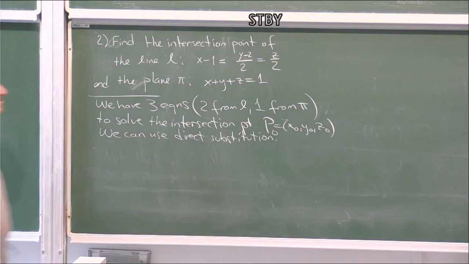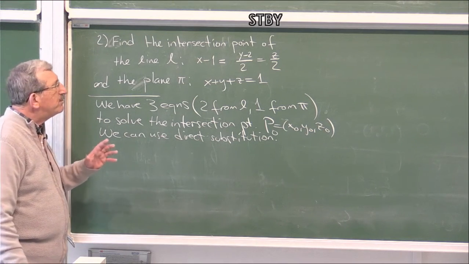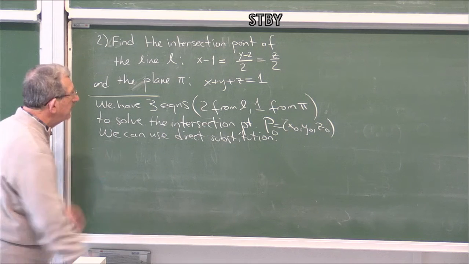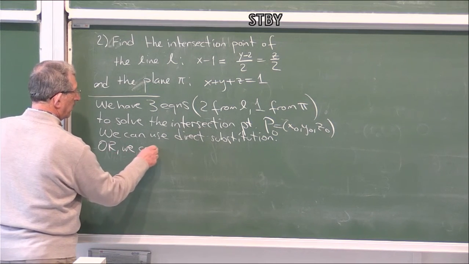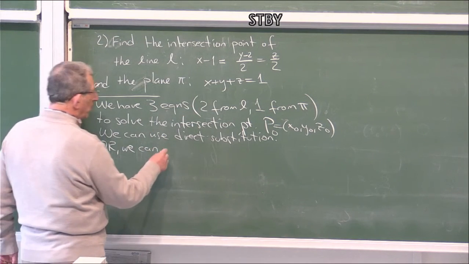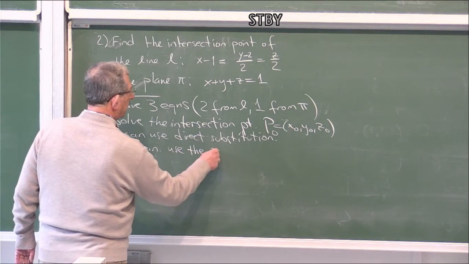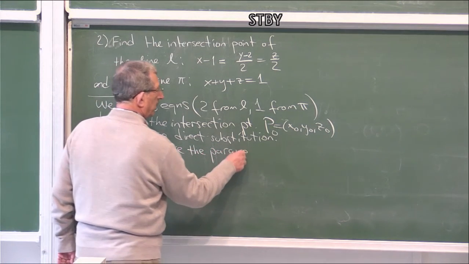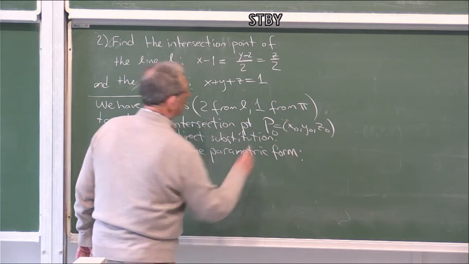So we can use direct substitution. Or, which is sometimes simplifying, we can make use of the parametric form. What does this mean?